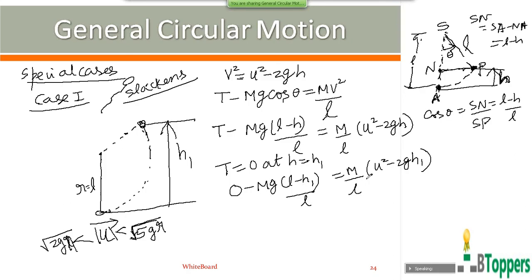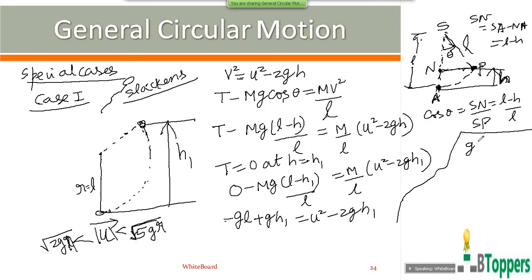So m by L gets cancelled on both sides. We get minus gL plus gh1 equal to U square minus 2gh1. Now if you take the terms containing h1 to the left hand side, gh1 plus 2gh1 is equal to U square plus gL.